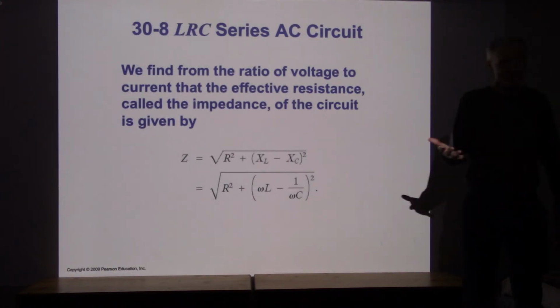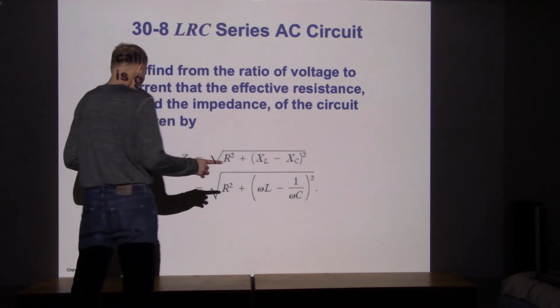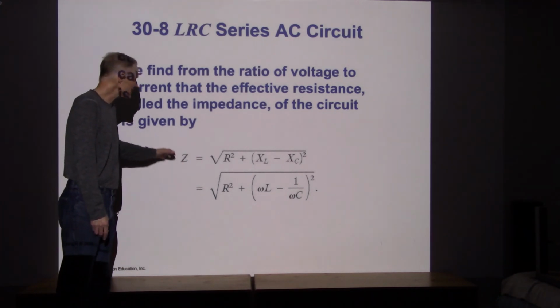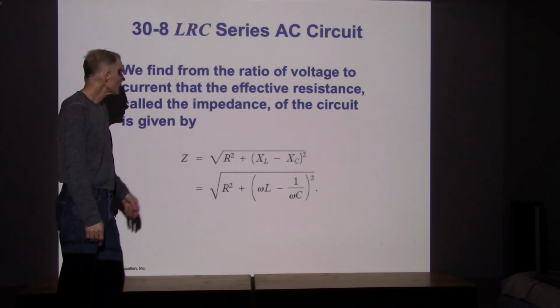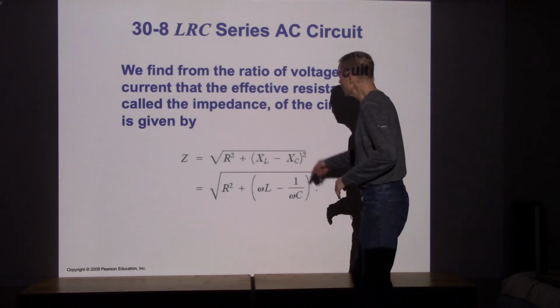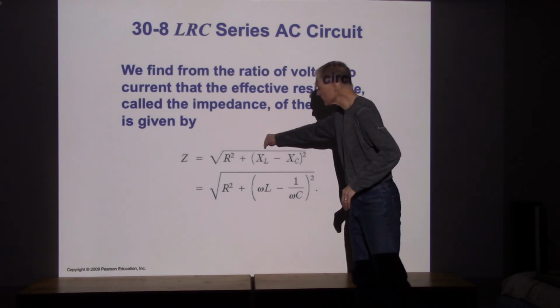Okay, what that says then is, if we think of that impedance diagram that I kind of outlined, the overall resistance in the circuit is going to be given by, first of all, let's start over here. In the vertical direction, I have the possibility of cancellation.